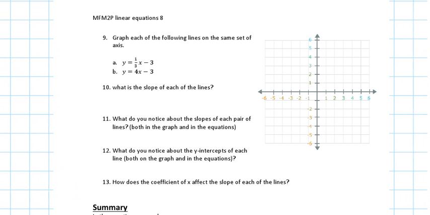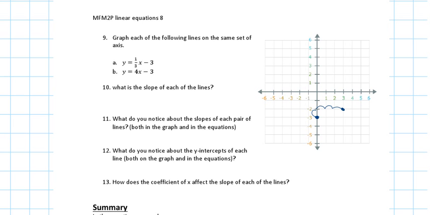What do you think about this one? Graph each of the following lines on the same set of axes. So where do I start for the first one? I start at negative 3 on the y-axis. And then which way do I go? You go up 1 over 3. So that's where I'm going to end, right?